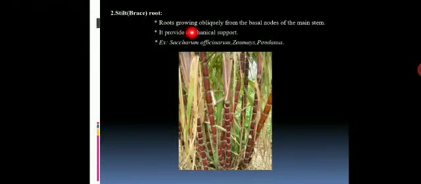Here the roots grow obliquely from the basal node of the main stem. It also gives mechanical support. Saccharum officinarum, Zea mays, Pandanus. These are good examples for the stilt root. Saccharum officinarum, sugarcane, and Zea mays, the maize plant, are some examples for the stilt root.